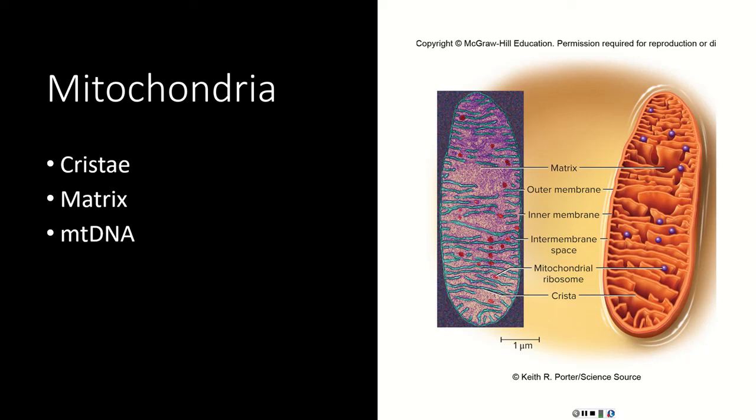Our DNA is in long strings, but mitochondrial DNA, or mtDNA, is in rings. It's in a ring instead of the long chain like our DNA.